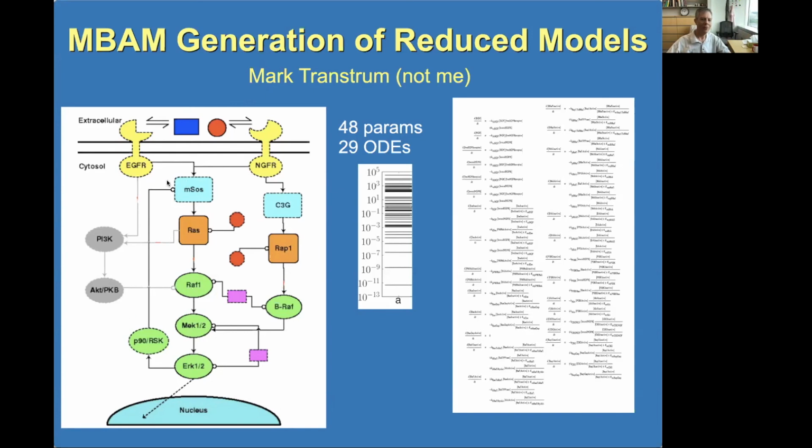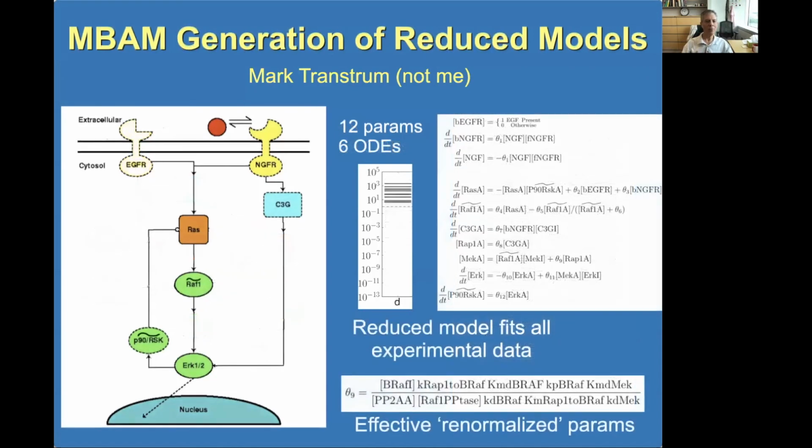There's a negative feedback loop that turns the signal off after a little while. And then there was this side loop that he thought was going to be important, but we discovered wasn't, based on the predictions of our model and the subsequent experiment. When we simplified it, that's what's left.